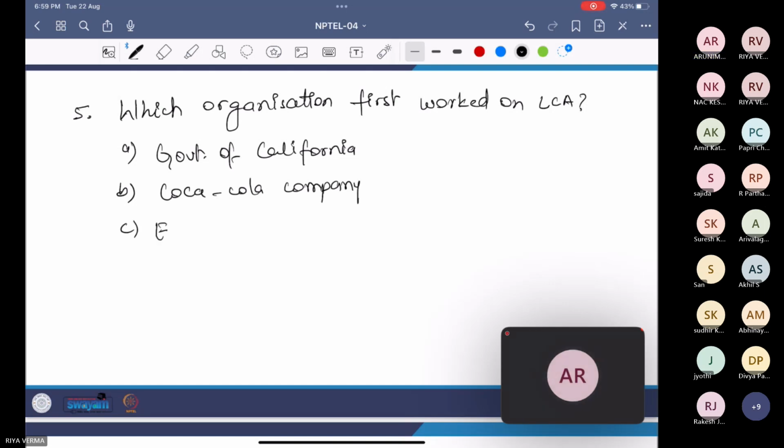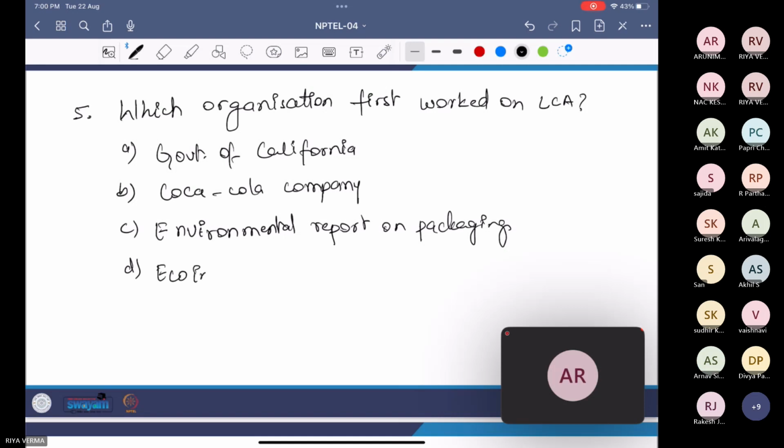C is Environmental Report on Packaging. D is Ecoinvent Center. First work on LCA was done by Coca-Cola Company. Right, Option B, Coca-Cola Company.